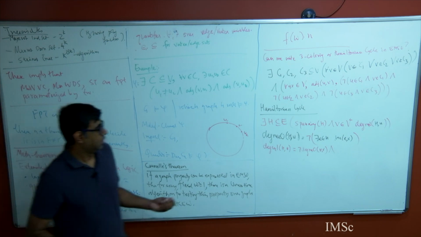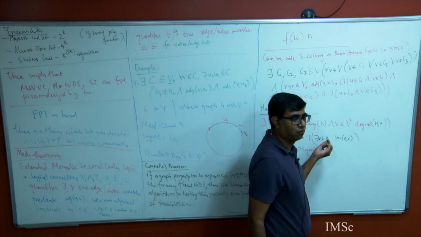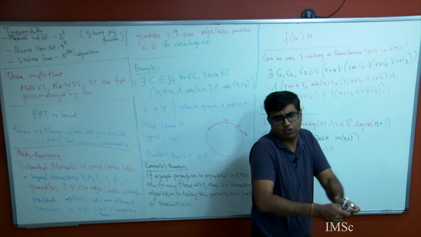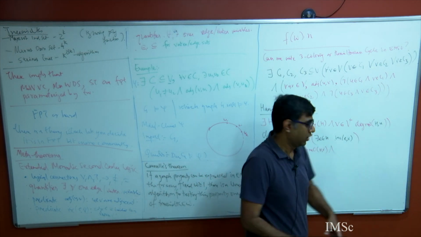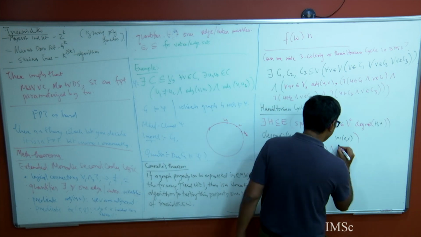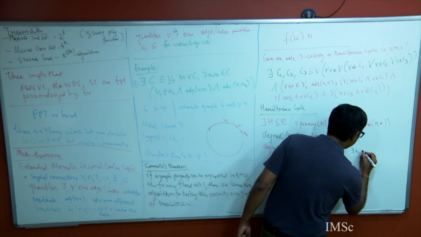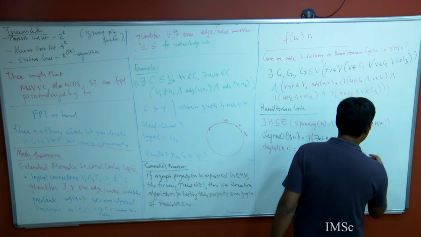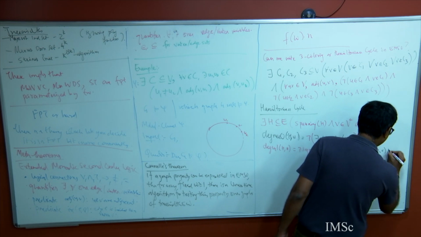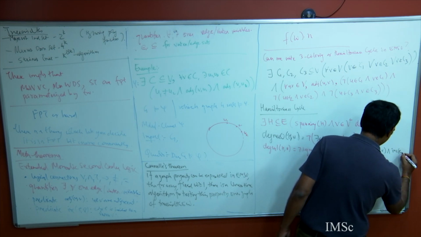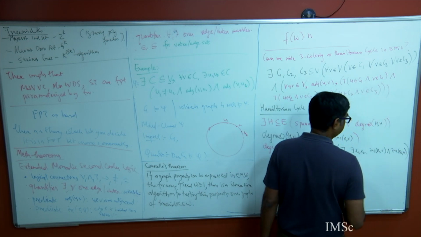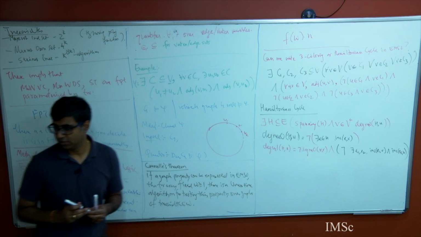If I wanted to say the degree is 0, you say it is not incident to anything. So if I want to say that it is incident to two things, you will say there exist E1, E2, and incidence of E1 comma V is true, and incidence of E2 comma V is true. And then I take the complement of it, not of this, right?